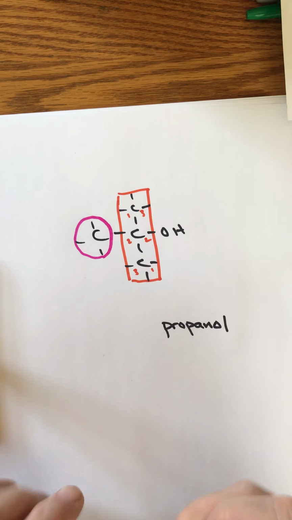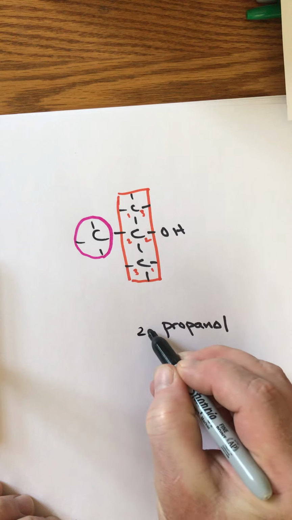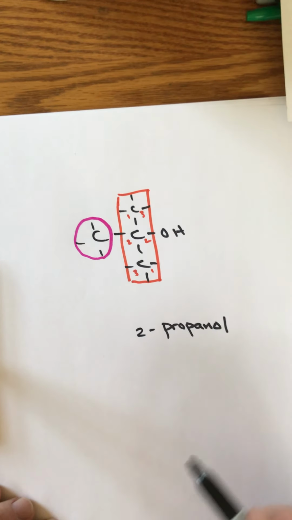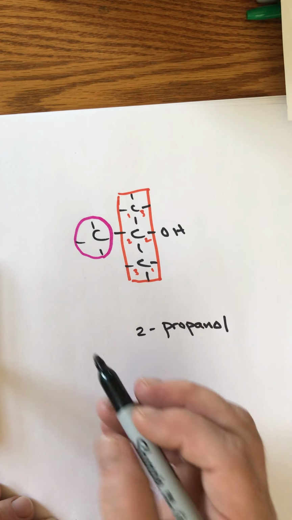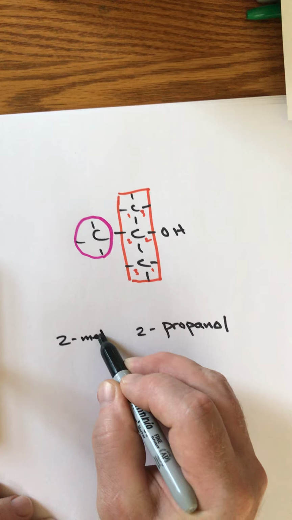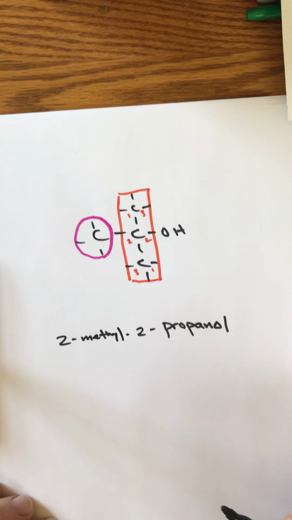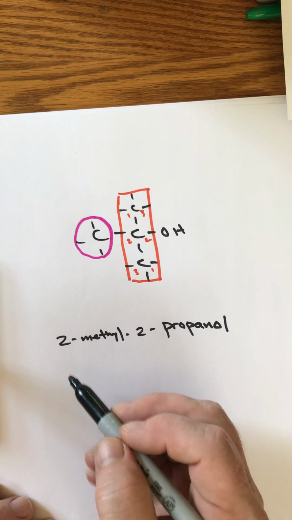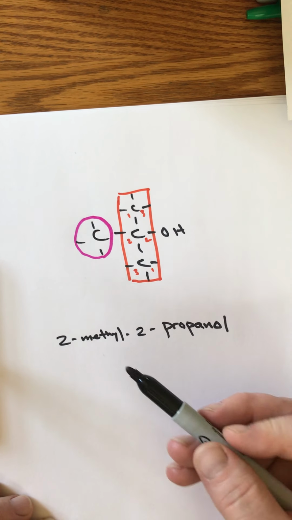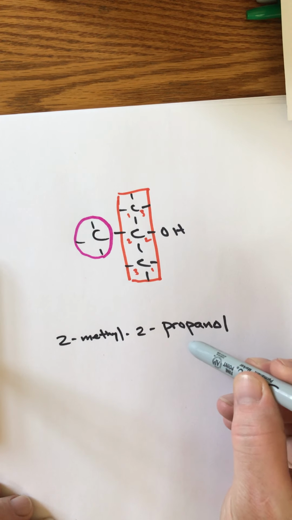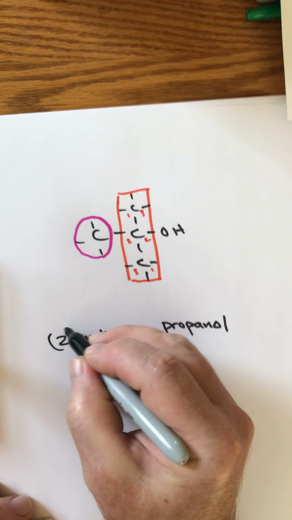Well, it's on the second carbon, so it's a 2-propanol, and it's got a methyl group on the second carbon as well, so it is 2-methyl 2-propanol. And in fact, this 2 is redundant because if you're going to put a methyl group on, remember you can't add on to the end of the chain. You just changed the root. So this one is kind of redundant, but not incorrect.